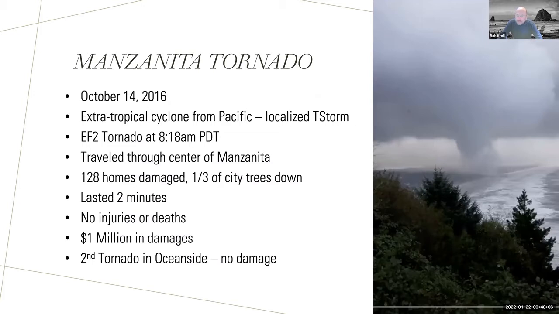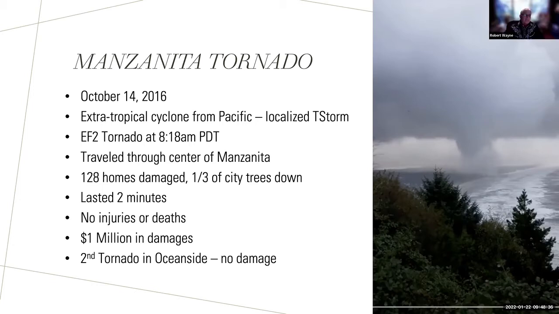And a lot of us remember the tornado that hit Manzanita in October of 2016. It was described as an extratropical cyclone that came from a storm in the central Pacific that moved this direction, and it created a localized thunderstorm along the northeast part of the Pacific, or our Pacific Northwest coast.